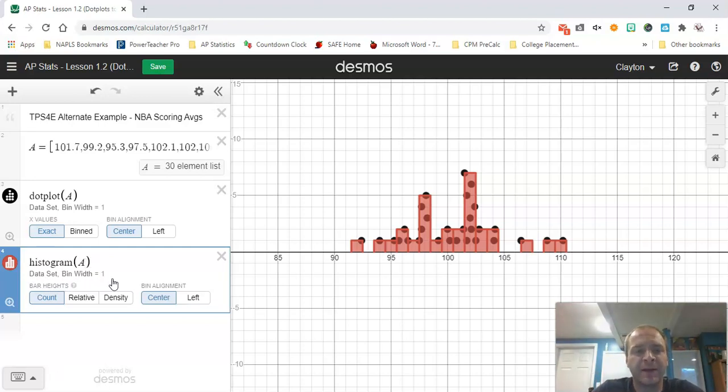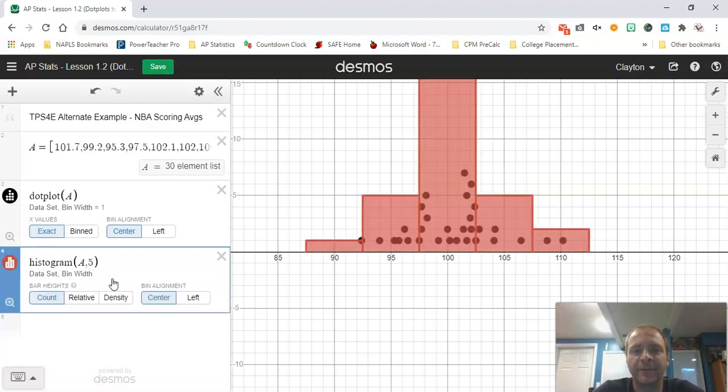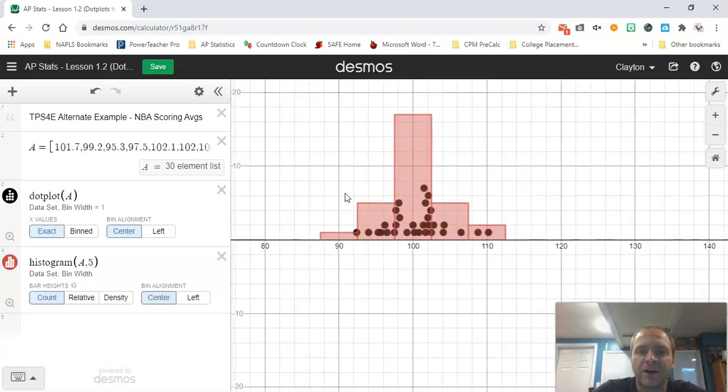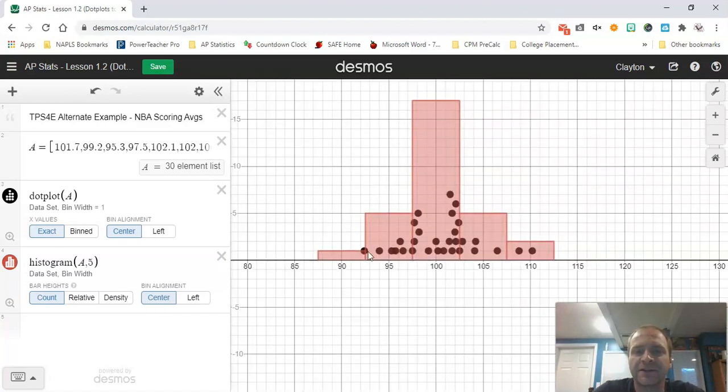I'm going to make my bin width 5. And so now, zooming out, you can see right here, there is my histogram. It has 1 here, 5 here, 16, 17 here, 5 here, 2 here. I can create a histogram on that as well. If I look at that shape, it is approximately symmetrical.